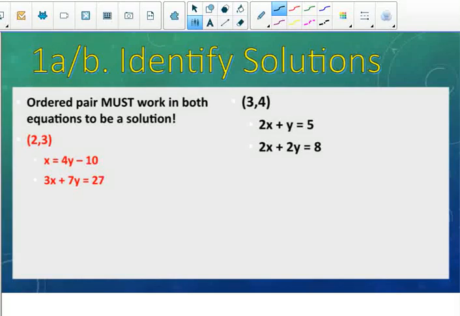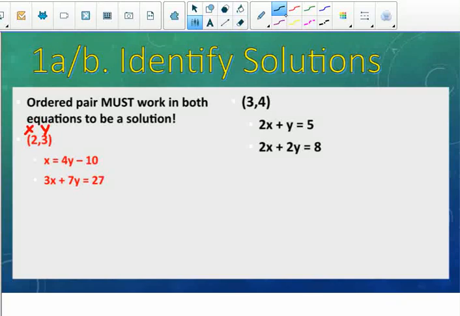They're going to give us a point, and we need to check to see if that point works for both equations. So we're just going to use substitution. We're going to substitute the numbers in for x and y. So 2 is our x, 3 is our y, and we're just going to substitute them in our equation here.